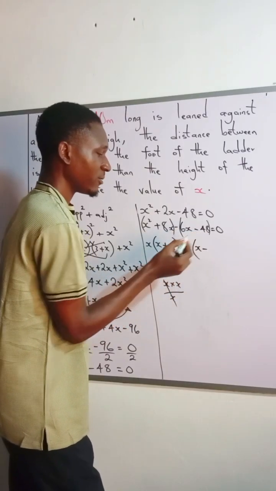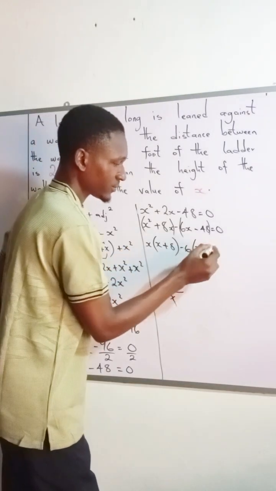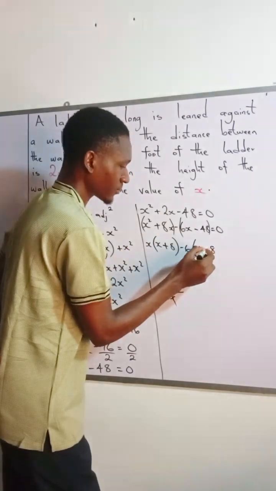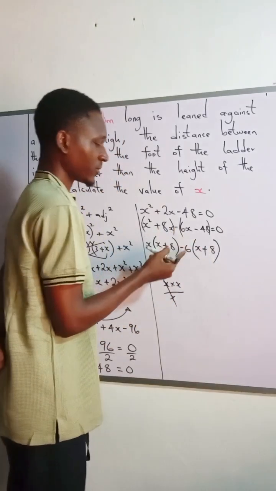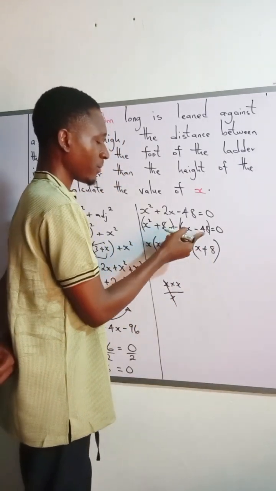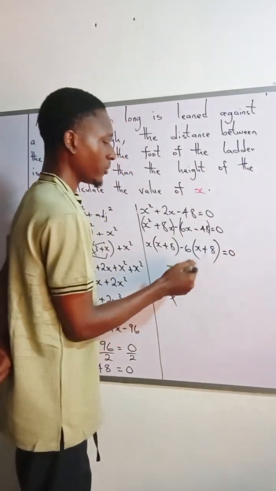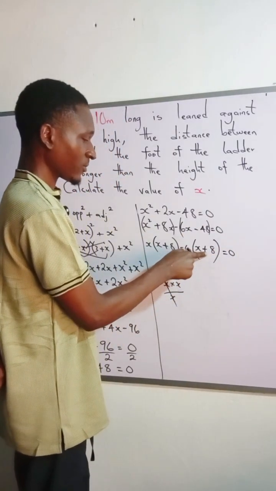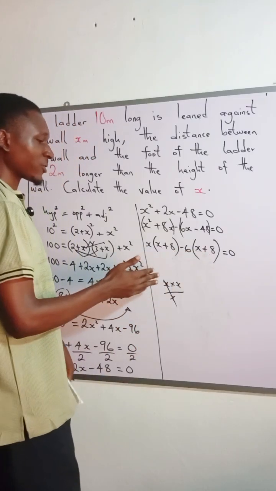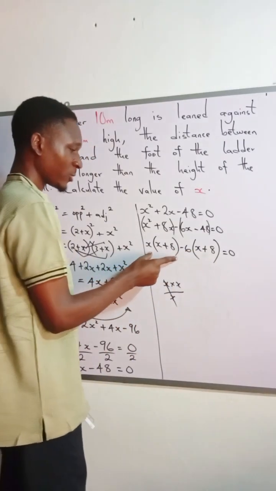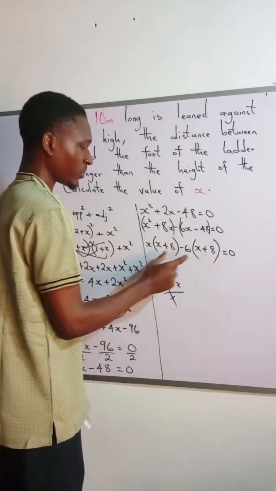And 6 in 48, we have 8. Remember, this is plus because this is minus 6. Minus 6 divided by minus 48, you get plus 8 equal to 0. You must take note of your signs, or else you might end up with the wrong answer. Now we have factorized. We see there is a common factor between these two terms. The common factor is what? x plus 8.